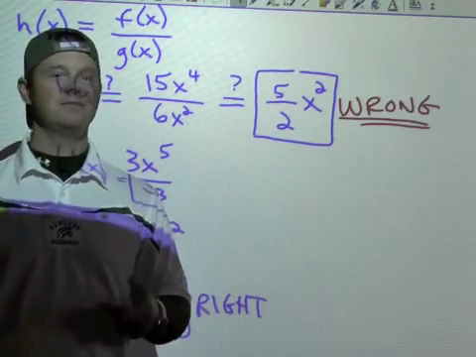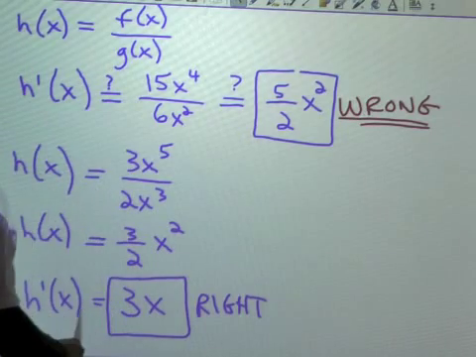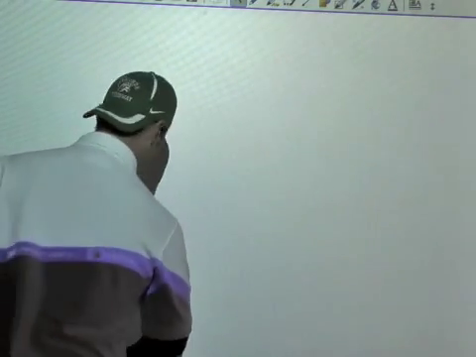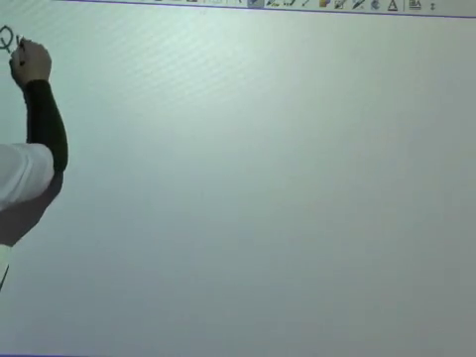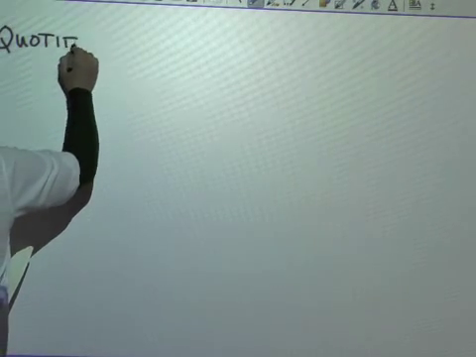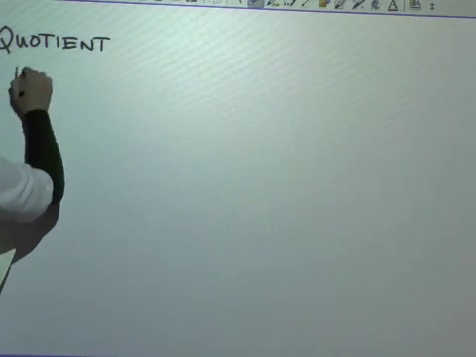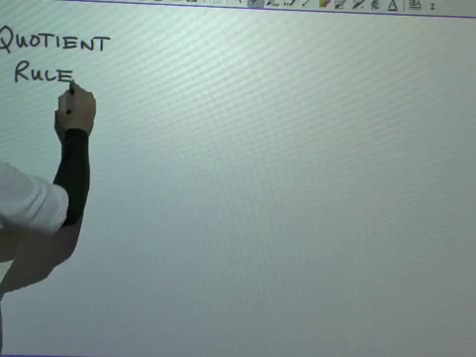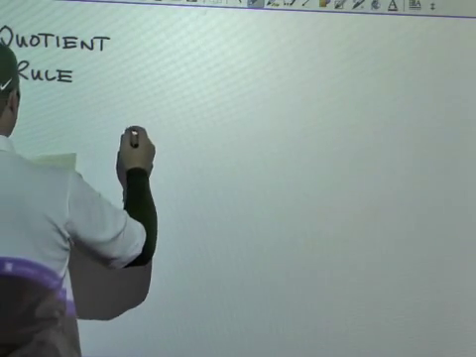Just like the product rule, there's another rule for quotients. Guess what it's called? Quotient rule. Let me show you the formula for that. Quotient rule looks like this.